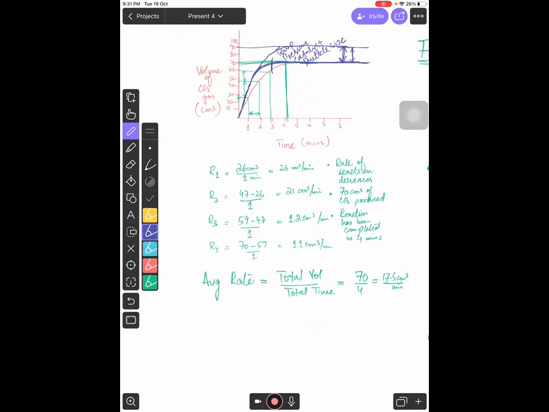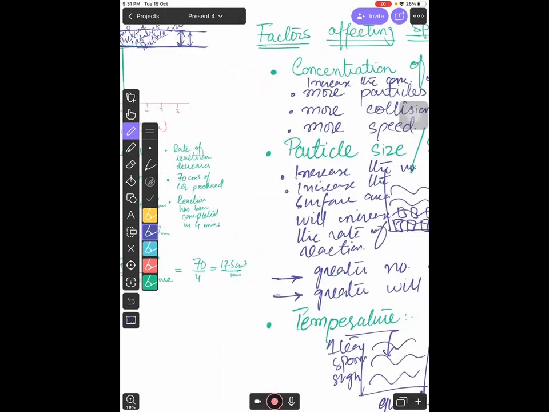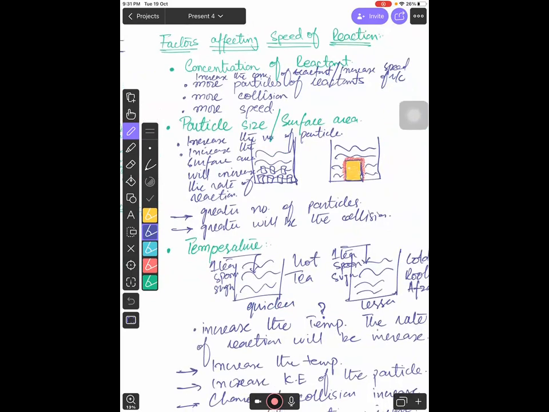Done? Yes. Okay, and these are very important factors in the paper.